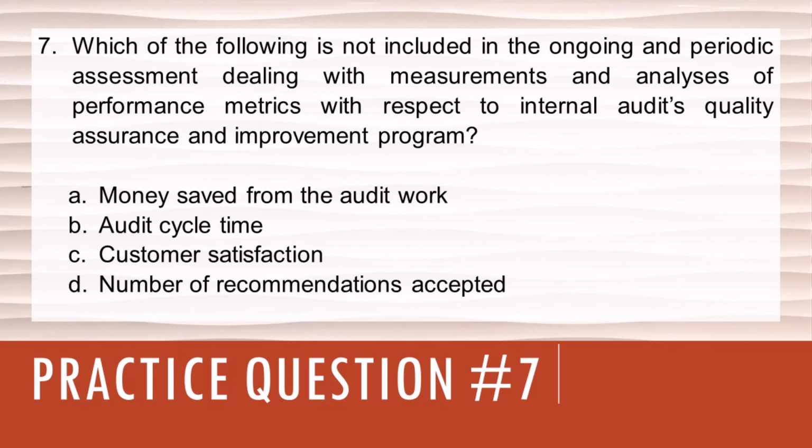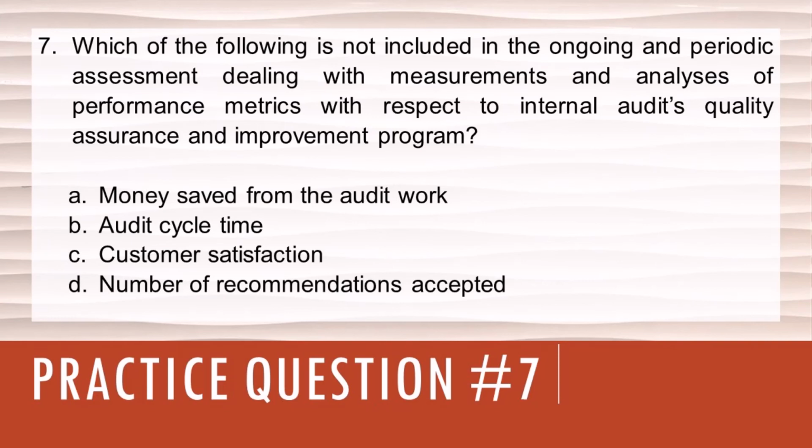So we're looking for which of the following is not, keyword being not, included in the ongoing and periodic assessments dealing with measurements and analyses of performance metrics with respect to the quality assurance and improvement program. A, money saved from the audit work. B, audit cycle time. C, customer satisfaction. Or D, number of recommendations accepted.